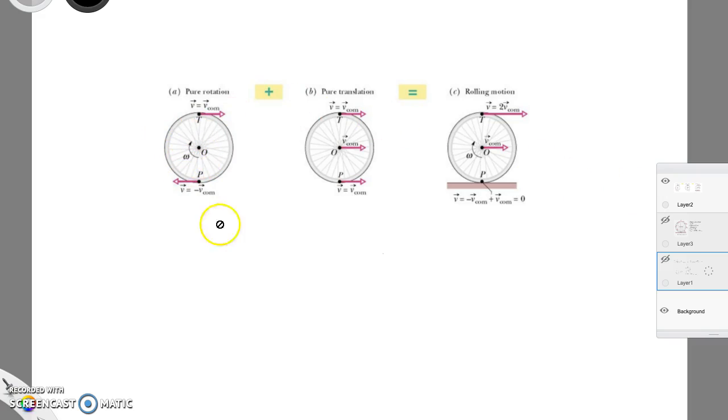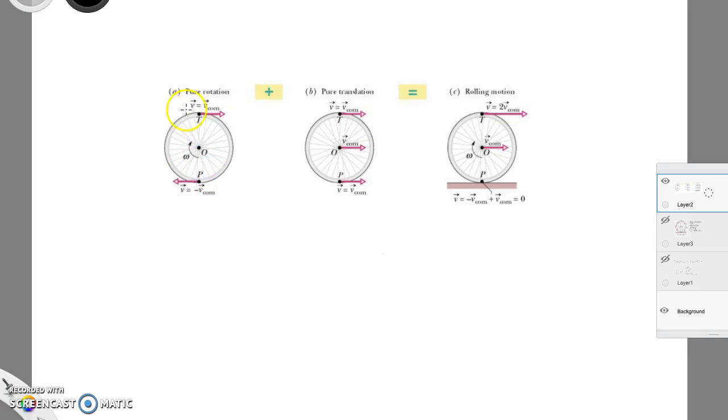Okay, so if you take an object that's rotating, that would mean its center of mass is at rest, it's stationary, and it's traveling with a velocity here, same velocity, opposite direction here.